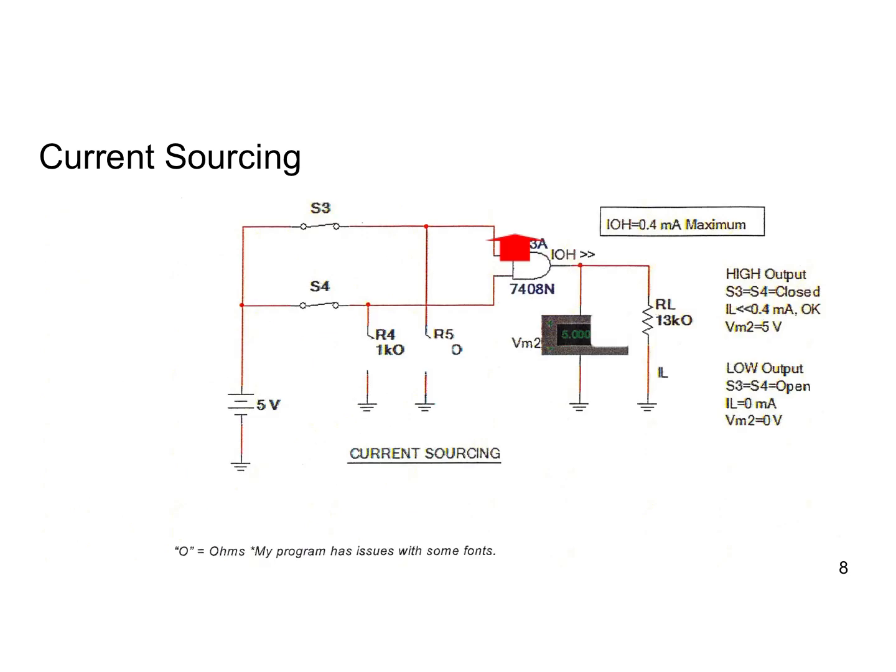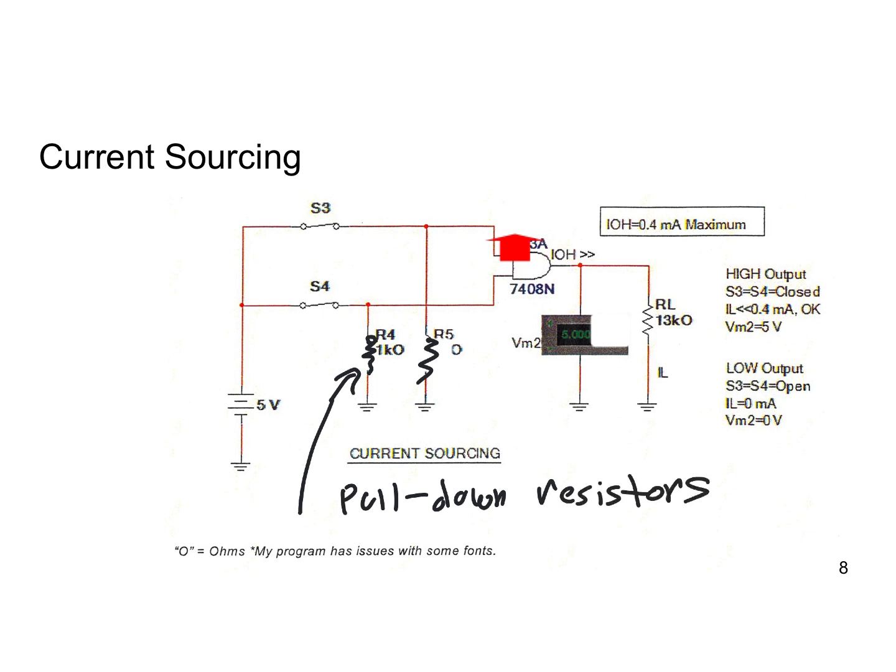Current sourcing. Okay, and for some reason, not sure why, my resistors are missing. These are the pull down resistors, and they're there to ensure that the level at the input of the logic gates is as expected.